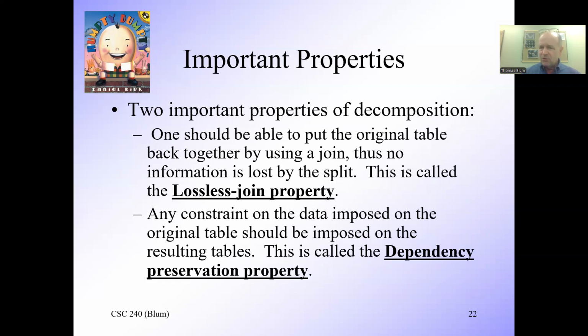So I should not lose any data when I join those tables back together when I query. And any constraints I placed on the data, any domains, any limits, those should somehow be maintained.